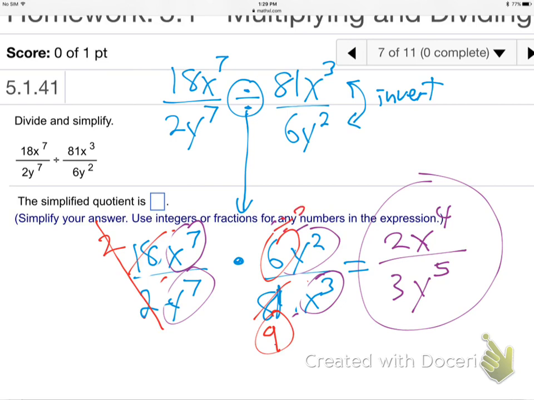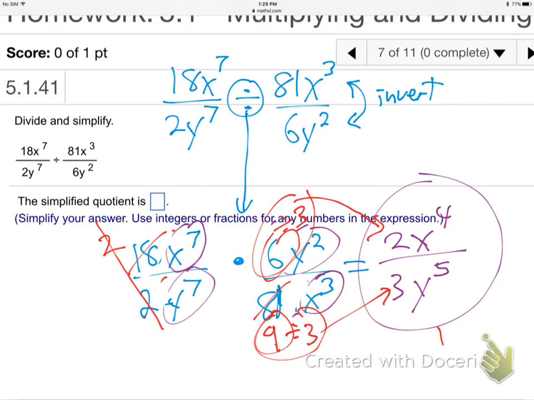So if I divide by 3 and divide by 3, 6 divided by 3, 9 divided by 3. Same answer found a different way. Does that make sense? Just keep dividing the numbers straight up and down or diagonal, top to bottom, anywhere. Just keep reducing the numbers. Is that good?